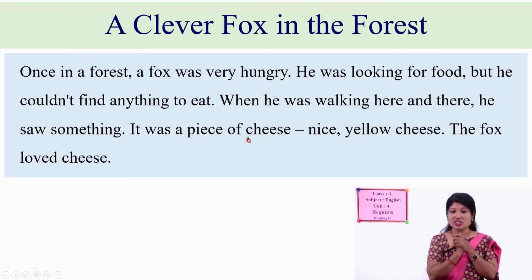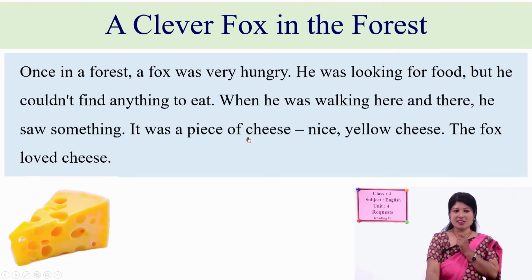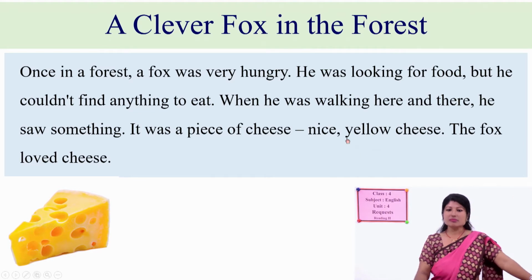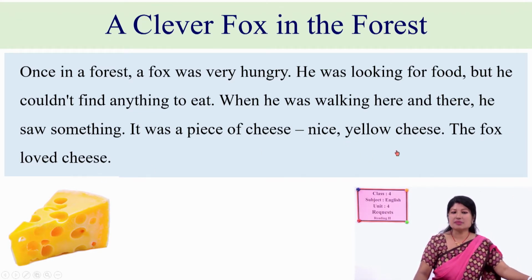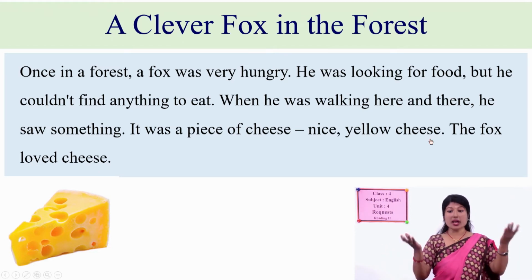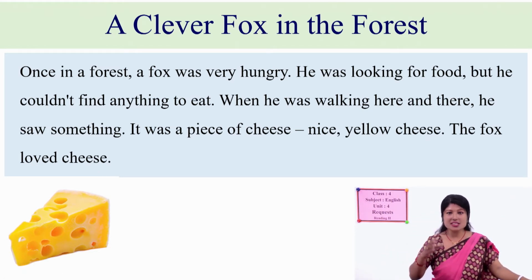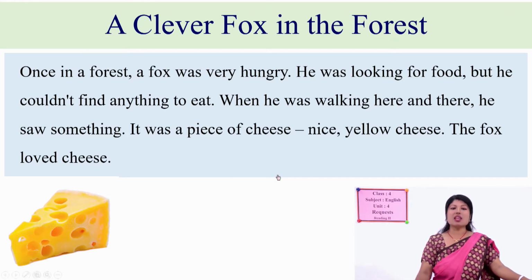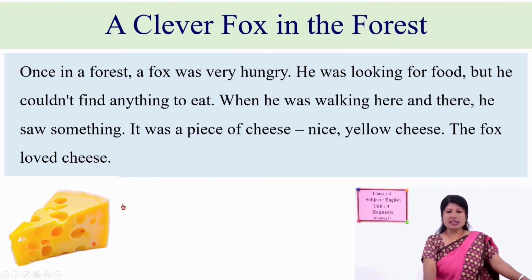Do you know what is cheese? Look here. Okay, this is a nice piece of cheese. Nice yellow cheese. This is a dairy product, I mean a milk product, right? Made of milk. It's very tasty to eat. The fox loved cheese. Fox was hungry. When he looked at the cheese, he loved it. Then what happened then?